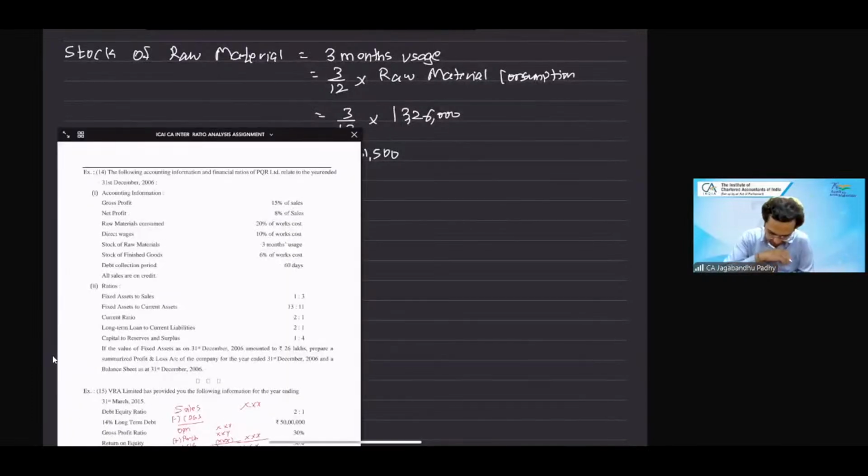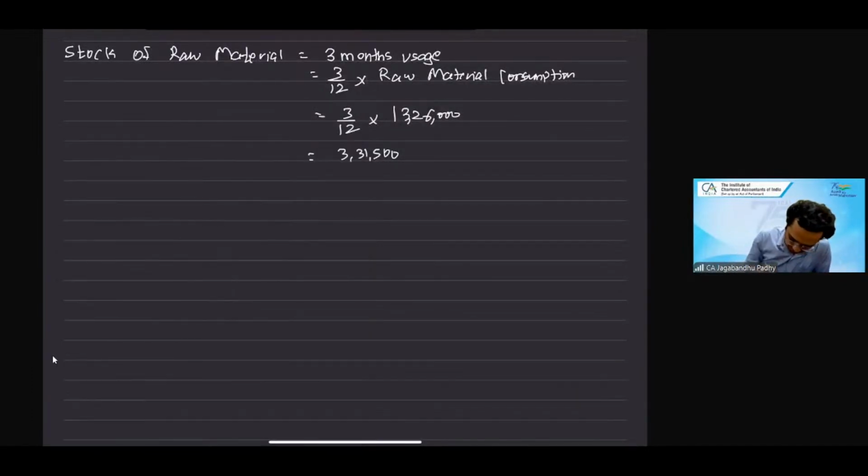Then the next item, stock of finished goods is 6% of works cost.